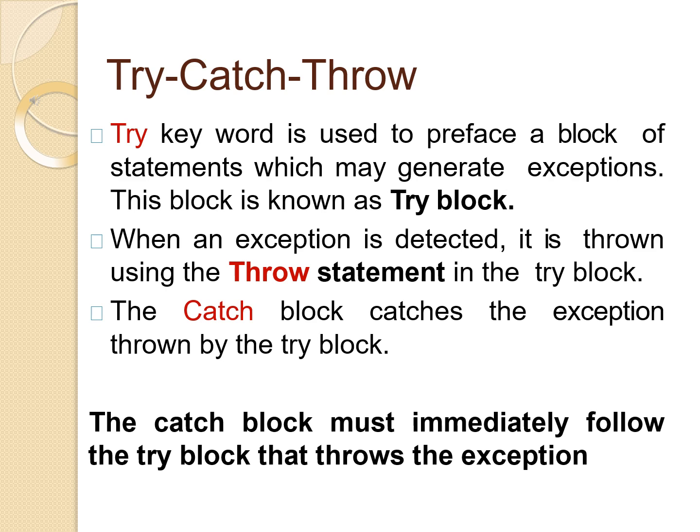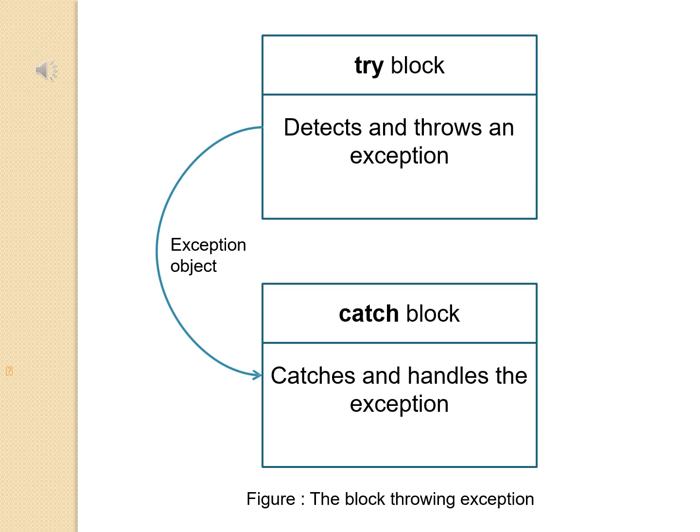This is a figure for the block throwing an exception. You can see the try block and the catch block. The throw statement comes in the try block. When a try block throws an exception, the program control leaves the try block and enters the catch block.